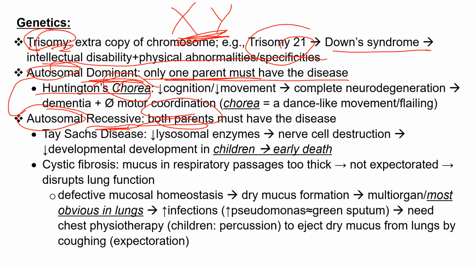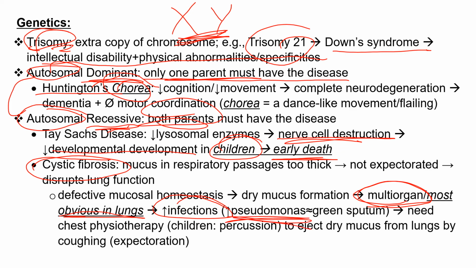Tay-Sachs disease is a rare disease affecting kids, presenting with early death, and that's due to nerve cell destruction resulting in developmental abnormalities. But cystic fibrosis is a rather common disease that is a multi-organ disease, but most obvious in lungs, resulting in increased infections with bacteria such as Pseudomonas.